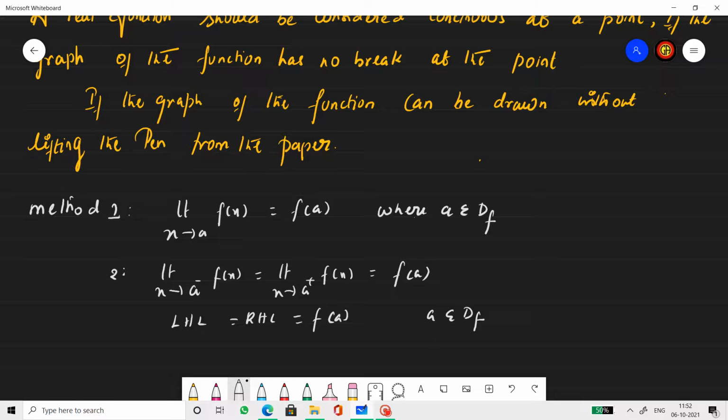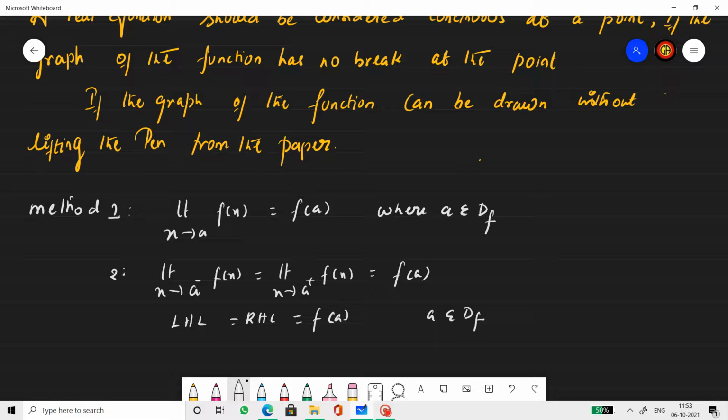In the question, if they say when x is less than a there is one function, and when x is greater than a there is some other function, then we will opt for method 2. So if for lesser than a and greater than a we simply have one function, then there is no need to do the left hand limit or the right hand limit. Simply do limit x tends to a, f of x is equal to f of a.